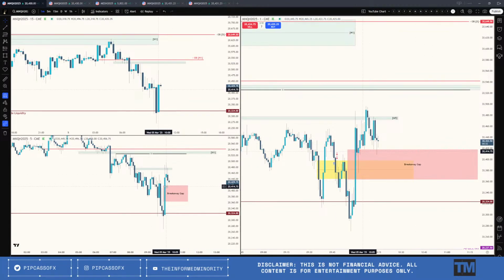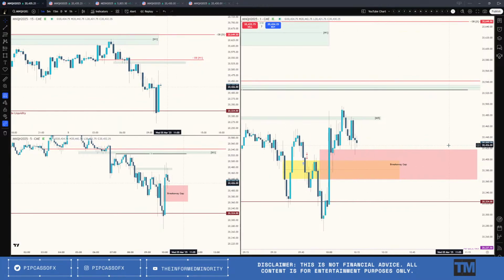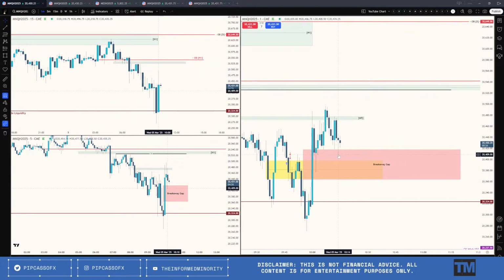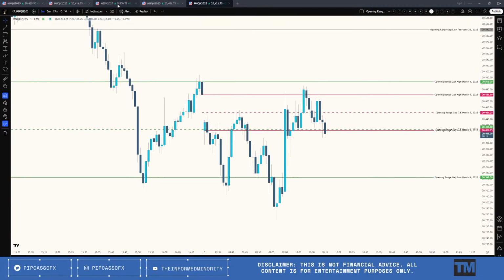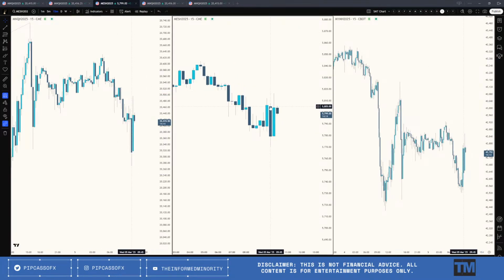And so we've hit this. You want to see movement away, not just keep sitting here in the gap. Because ES is looking weak here too. Let me show you. Unable to close above this. We closed above this, but unable to close above this one.